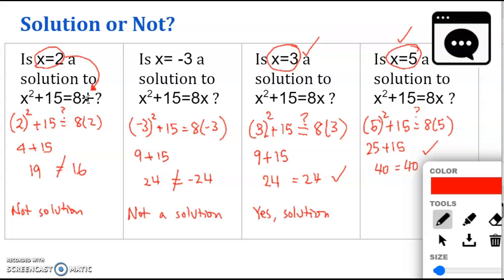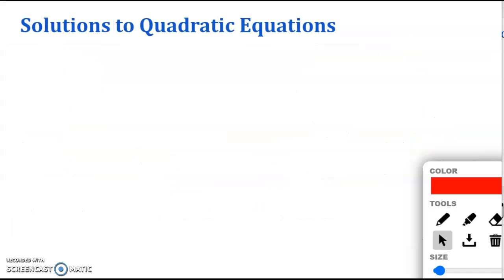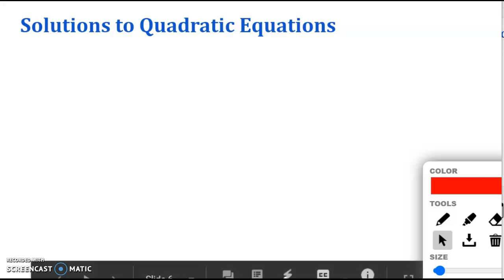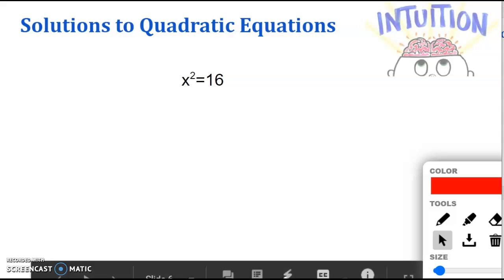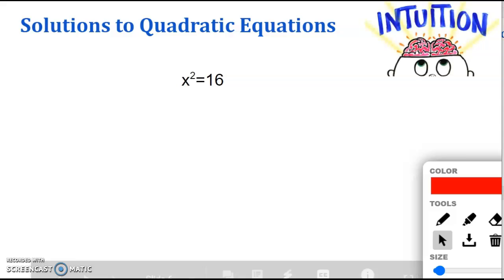And that's where we are. Before we get into that, solutions to quadratic equations, unlike the previous examples, when you have x squared is 16, it's asking what could the value of x be such that when you square it is 16. Well, I want you to use your intuition first.